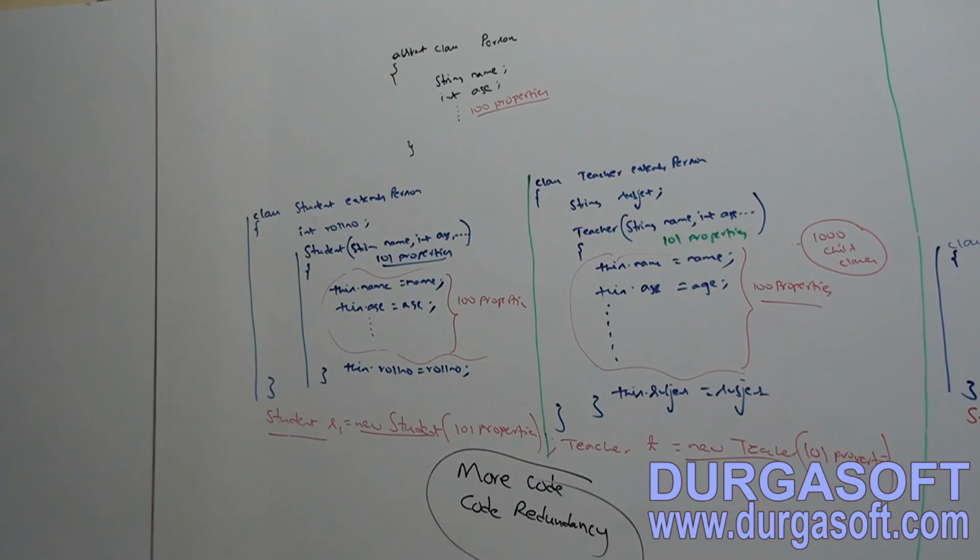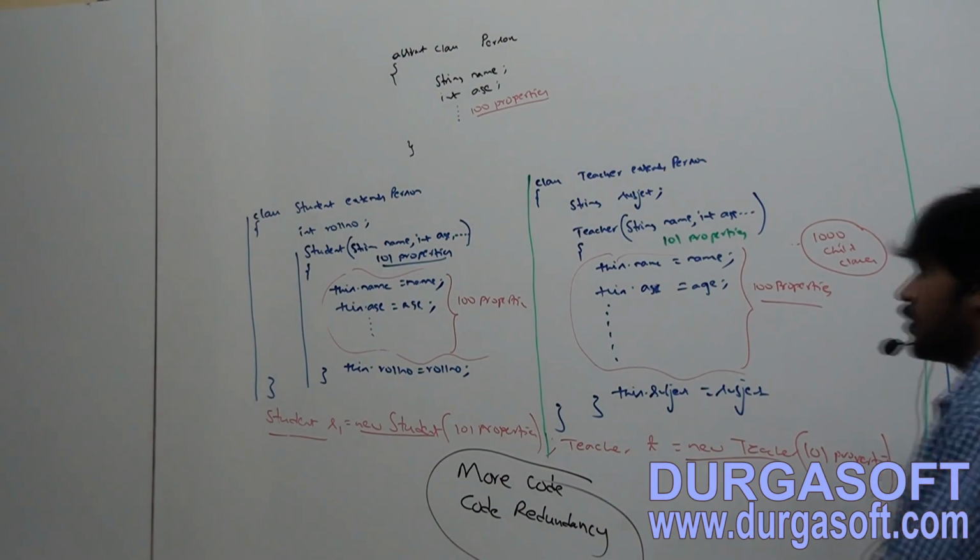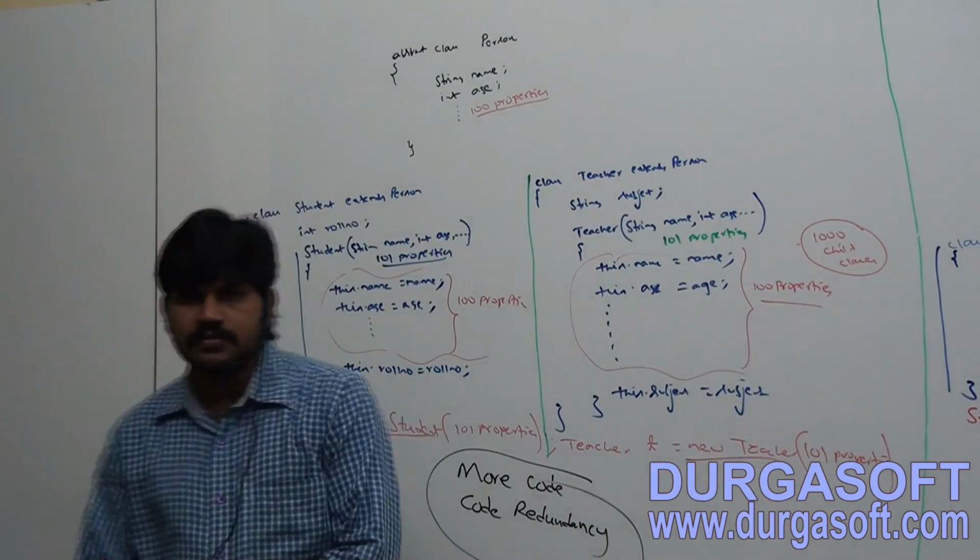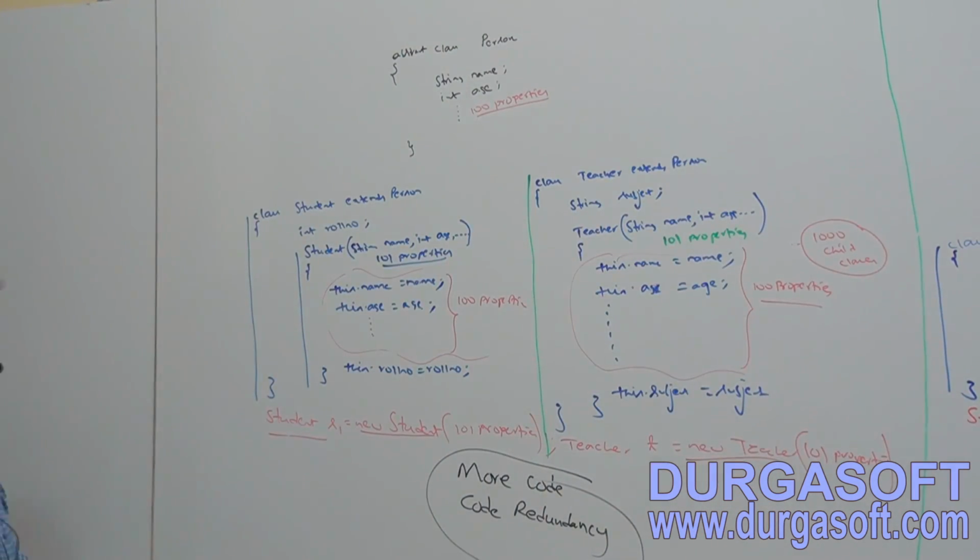Class student extends person, int roll number, string name, int age, like 101 properties, right?